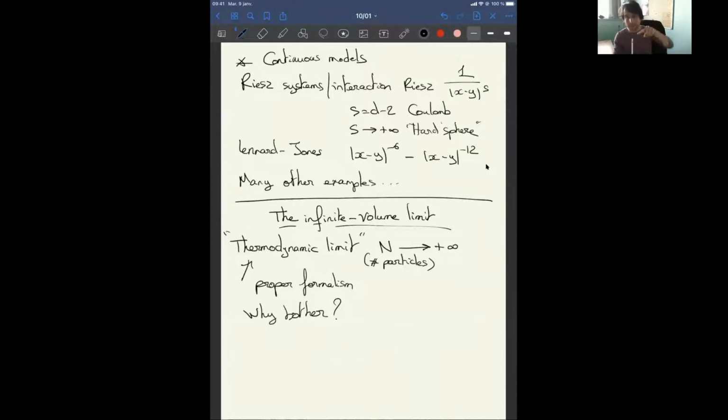Of course, it can be less and less smooth as n goes to infinity, because you can approximate any bizarre function with a polynomial, but at finite n, there's nothing to be seen formally. So that's why people work in the infinite volume. Okay, so it's the only way to talk precisely about phase transition.